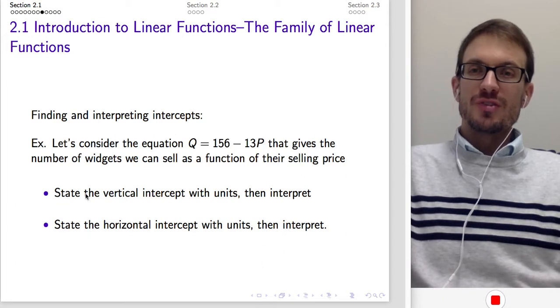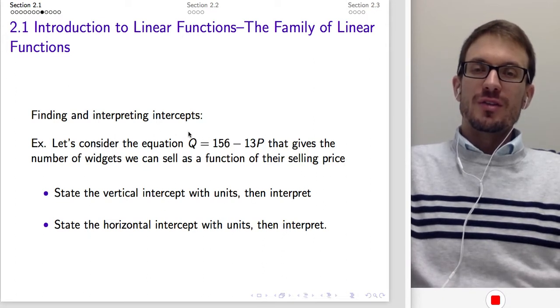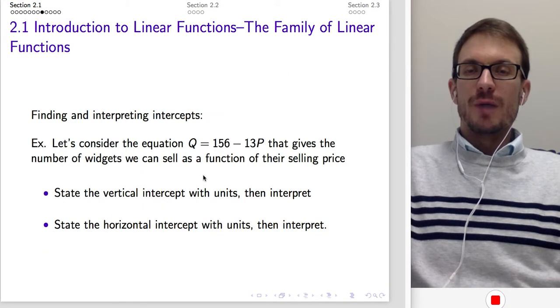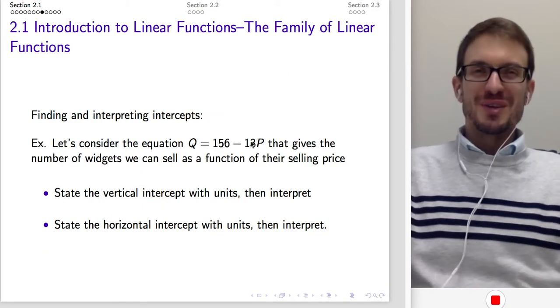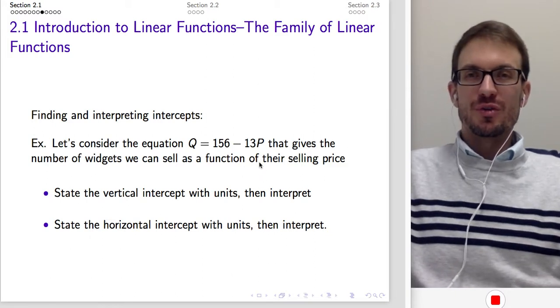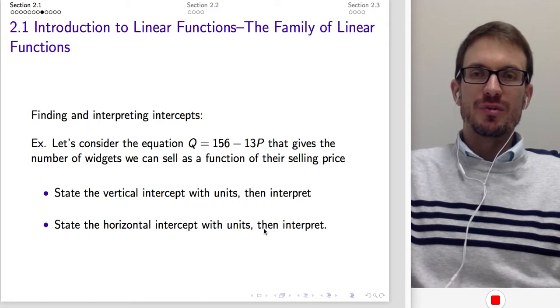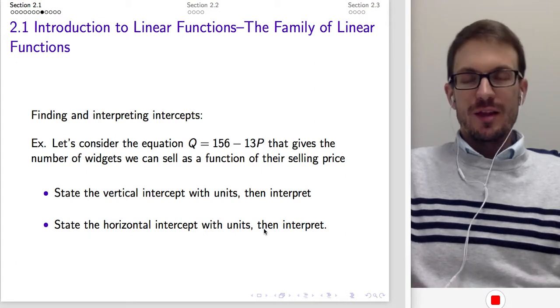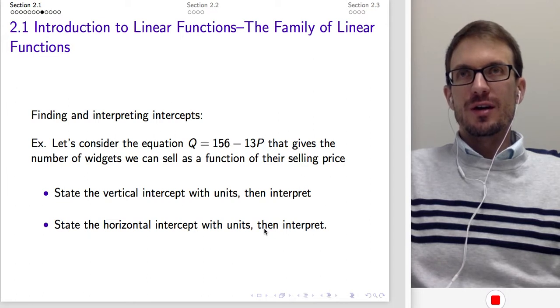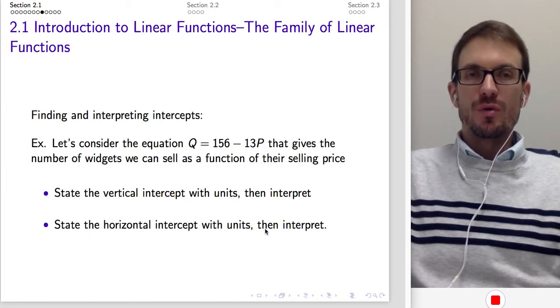What's the interpretation of the vertical intercept? Well, Q equals 156 is the number of people who will buy the good, or who will accept the good if the price is free. And what about p is equal to 12, the horizontal intercept? Well, that's just telling us that that's the price at which no one will buy widgets.